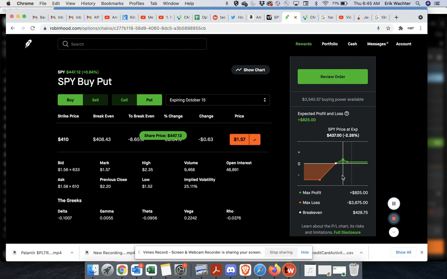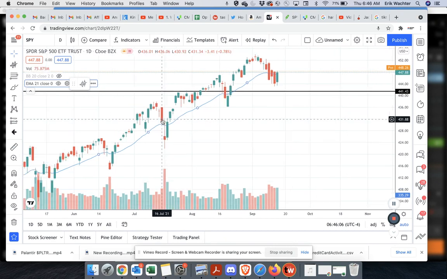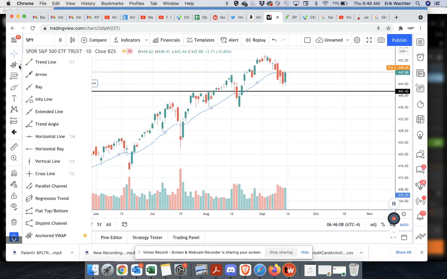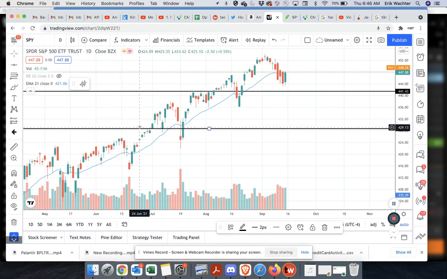We can make almost $1,000 there. And we start to lose money once we get below $428. So let's see where $428 is on the chart. Let's draw a line here. All right, so right about here.